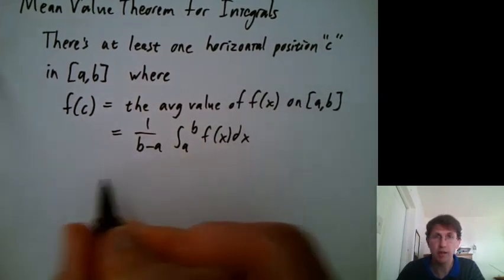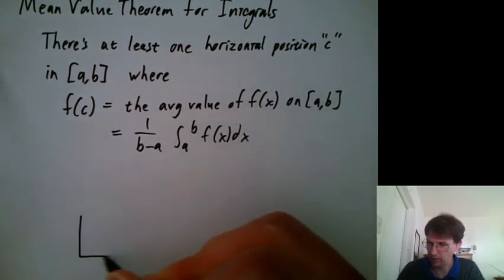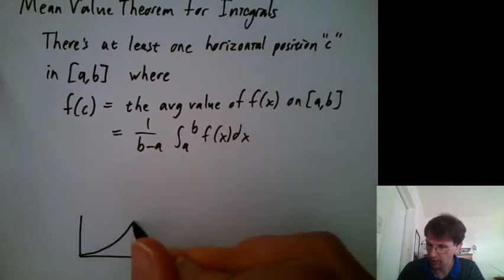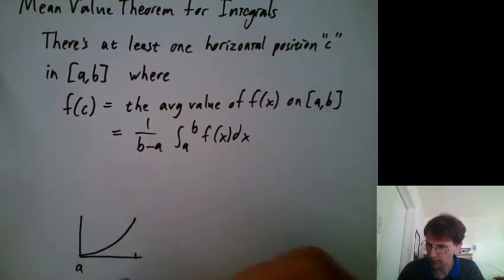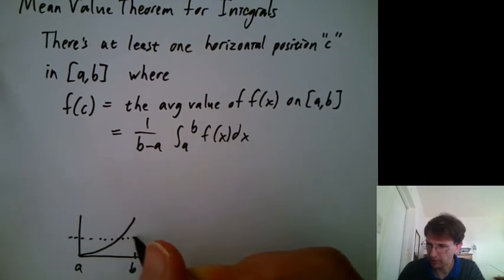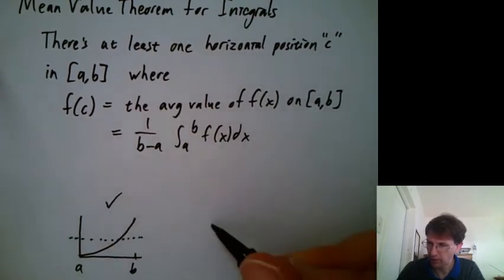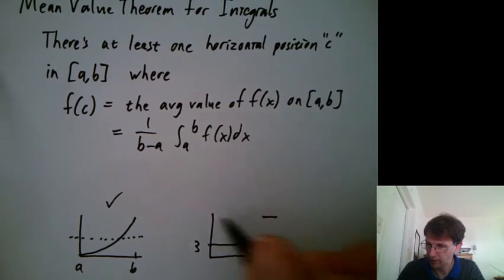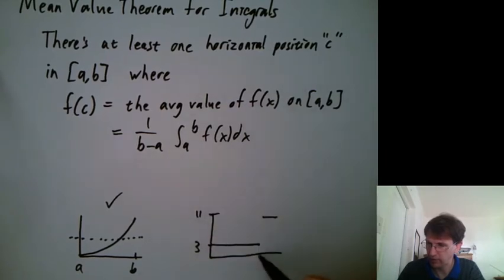Well, let's leave some space here, and we'll draw maybe a curve that we've already done. We had A and B, and we had something like that. That seemed to work. But what about another situation where we had like f of x was 3 for a while, and then it was 11.